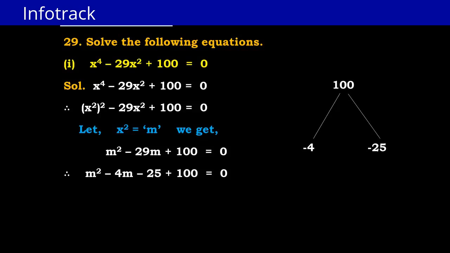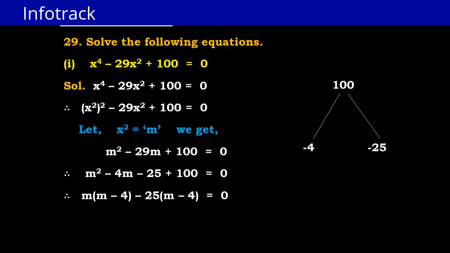So we can take m common from first two terms, in bracket you will have m minus 4, then minus 25 common, in bracket we will get m minus 4. So m minus 4 into m minus 25 is equals to 0.